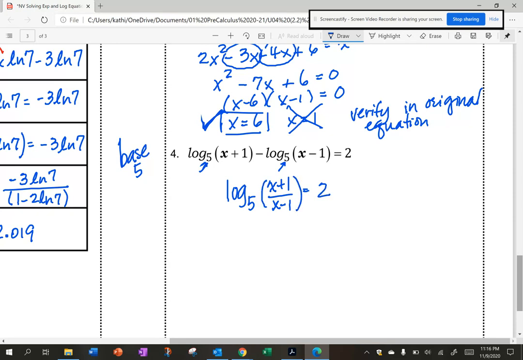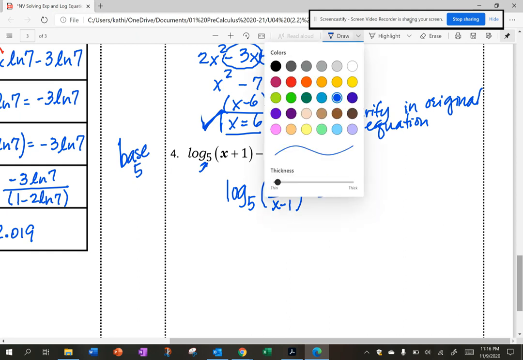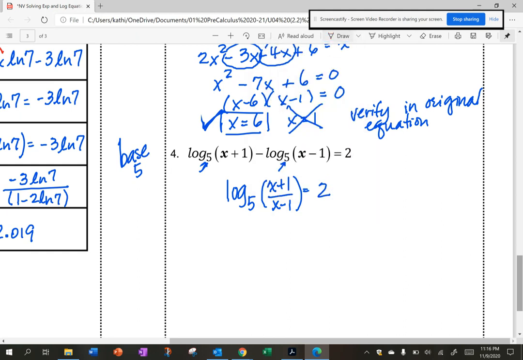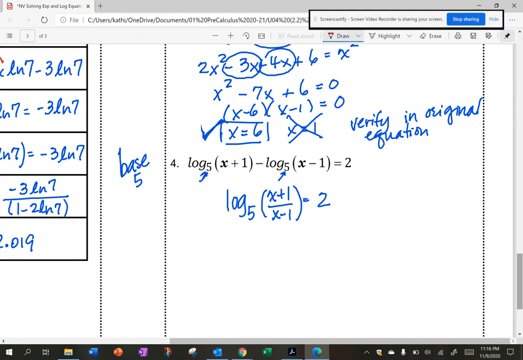So to undo the logarithm, I want to exponentiate, and I'm going to exponentiate by the base that I'm using. So the base I'm using is 5. So I'm going to say 5, and I'm going to raise everything. Log base 5 of (x plus 1)/(x minus 1).